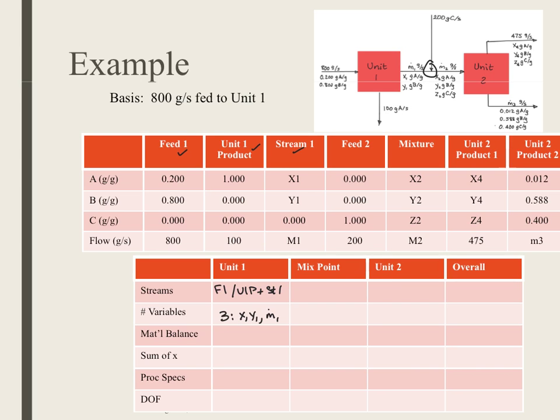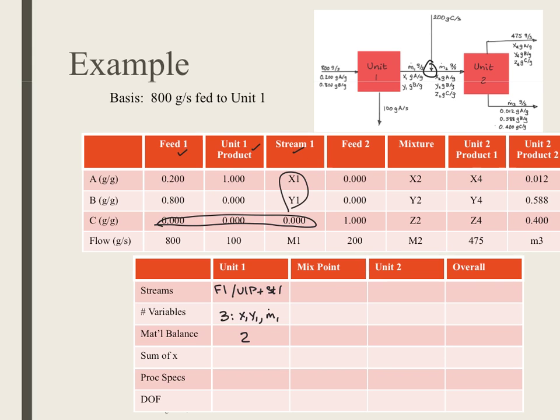Okay. So, how many material balances can I write on Unit 1? Well, I have A and B. I have 3 listed in the table, but for Unit 1, this is uniformly 0, so I really only have 2 material balances I can write. For sum of x's, I have one.